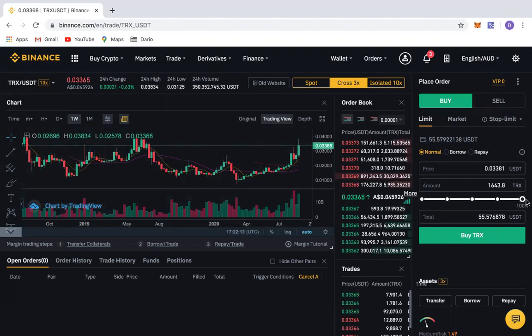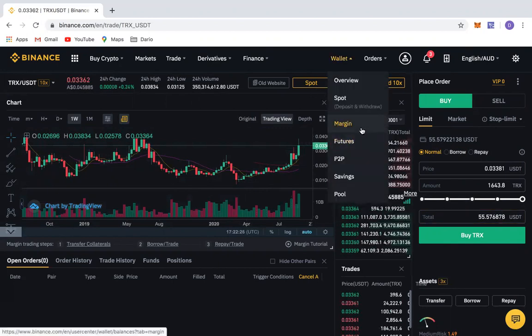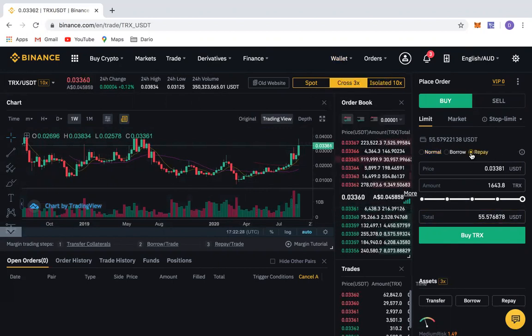I can buy 100% TRX, and then I've got the TRX to repay the loan, which I can do in the margin account. Or I can click repay here, and if I slide to 100% and repay buy, I'm buying 100% of my balance in TRX, and it's also going to repay any TRX I owe out of this trade because repay is selected.